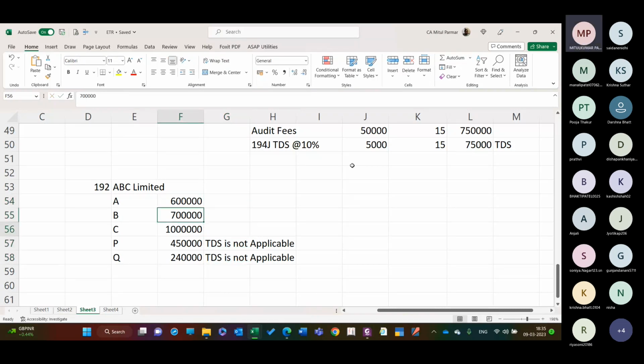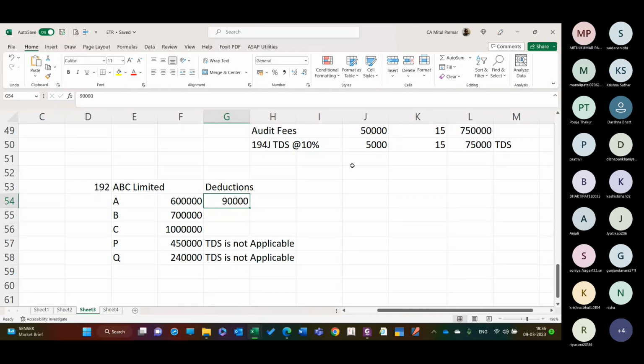But for 6 lakhs, 7 lakhs, or 10 lakhs, you need to ask the employees whether they are claiming deductions under any of the sections 80C to 80U, housing loan interest, or whatever deduction they are claiming. Suppose the deductions claimed by A are 90,000 in 80C or 80D or any deductions.